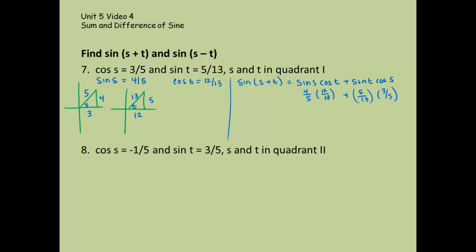If I go ahead and multiply my numerators and my denominators here, I will end up with 48 over 65 plus, in this case, 15 over 65, and when I add those values together I get 63/65, and that is the answer for the sine of S plus T. Because my formulas don't vary much except for the sign in the center here, if I want to find the sine of S minus T for this particular problem, I would end up with 48 over 65 minus 15 over 65, which is 33 over 65.